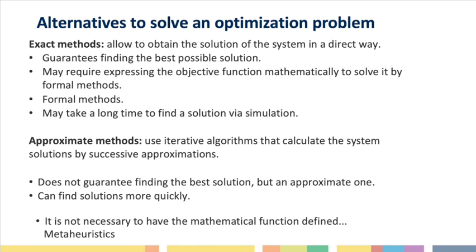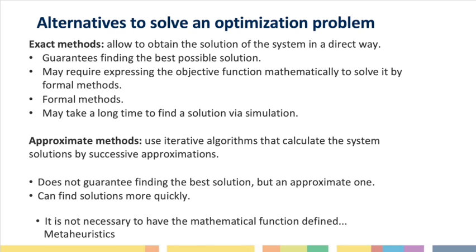Now, the optimization problems can be solved in two different ways. The first one would be with exact methods that will guarantee to find the optimal solution of the system that we are assessing. So the search for that optimal solution can tell us that we have to previously define a mathematical structure of the objective function that we are evaluating.